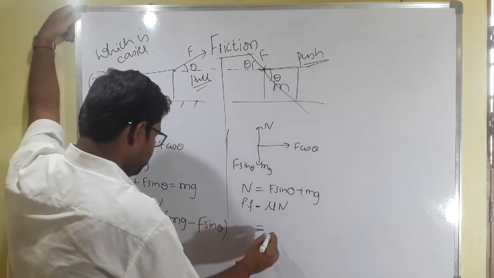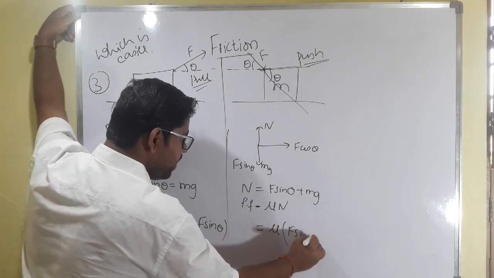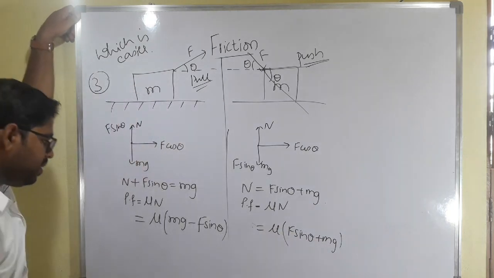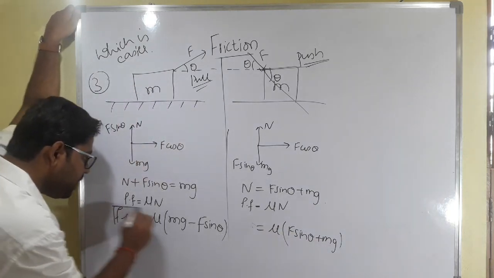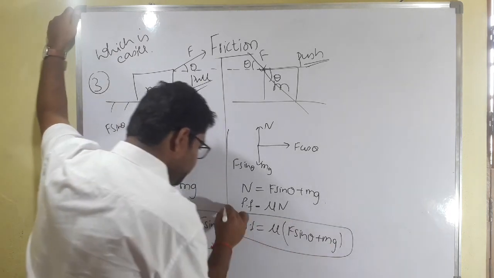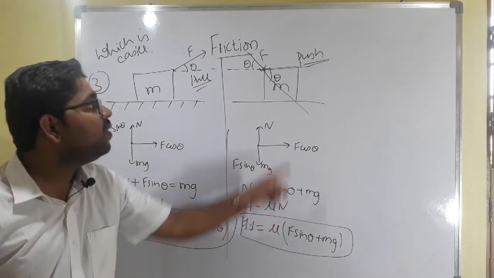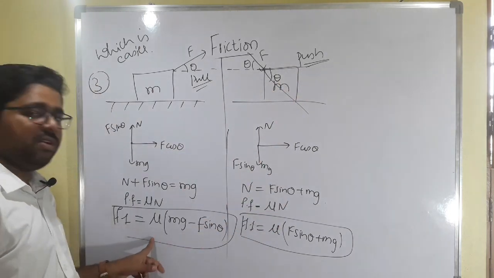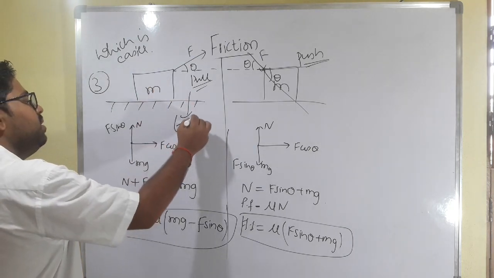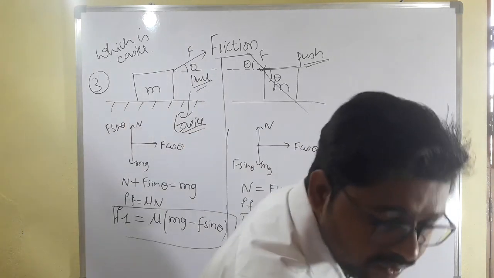Here frictional force is mu into N, where N is F sin theta plus mg. If you see carefully which frictional force is greater and which is lesser, the frictional force in this case is bigger. That is why it is very difficult to push. Which is easier? Pull is easier. Okay, so this is the first part of friction.